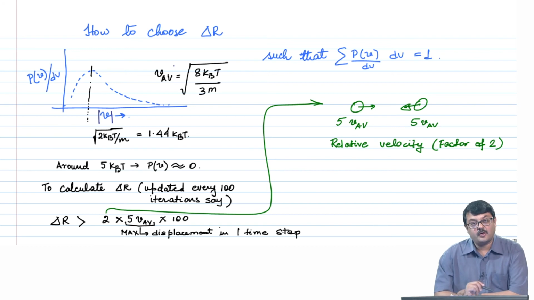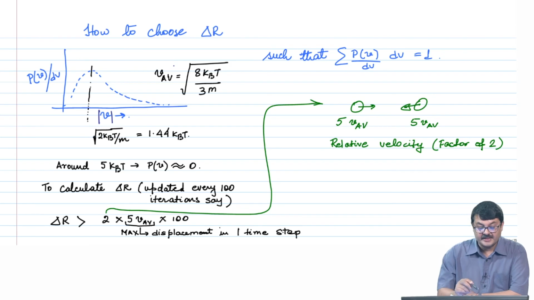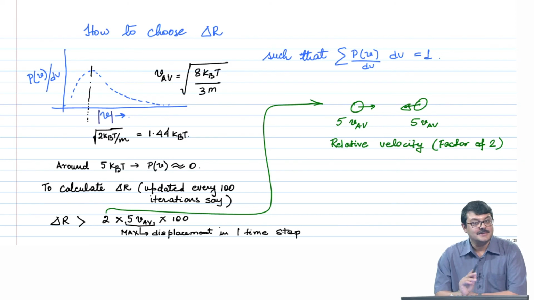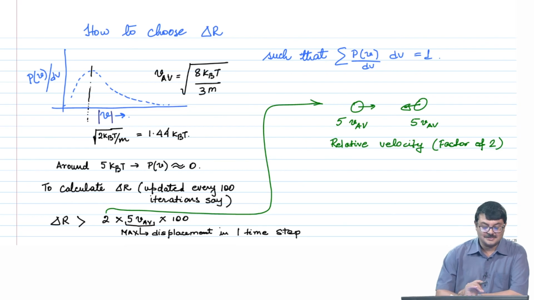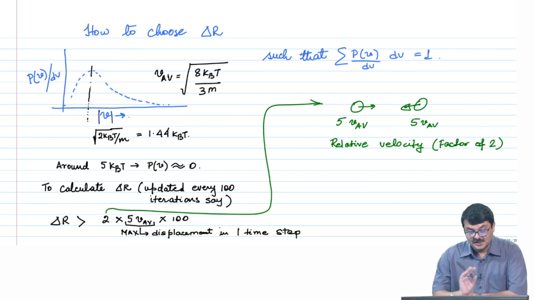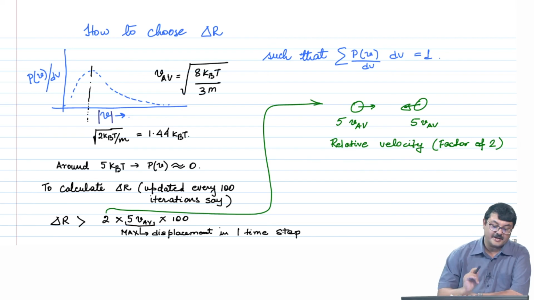Just to remind you from your kinetic theory of gases, it is 8 kBT by pi m. So, 8 by pi is approximately equal to 3, and the square root of that is 1.7, order of magnitude. Of course, only if 8 was 9 would you get square root 3, but that is the approximate value.